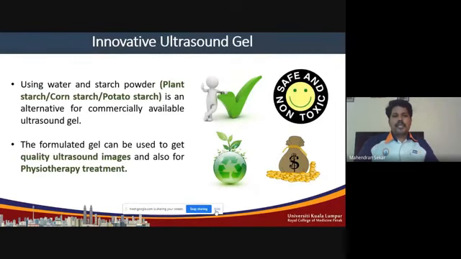This formulated gel can be used to get quality ultrasound images, and also for physiotherapy treatment, because normally in physiotherapy, to reduce pain, they do ultrasound. For that they need some kind of gel as a contact medium between the skin and the ultrasound probe. Those people can also use our ultrasound gel, especially for physiotherapy treatment.